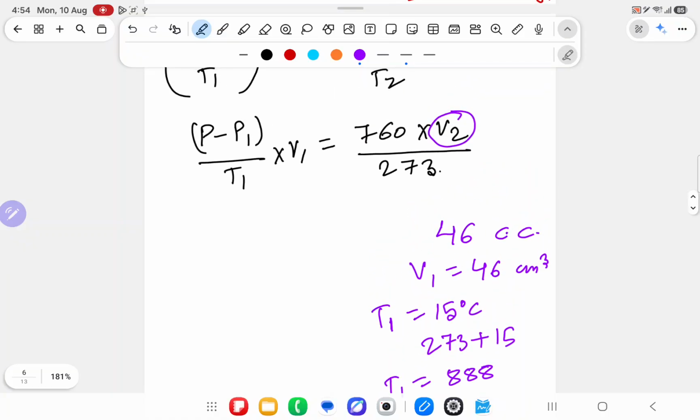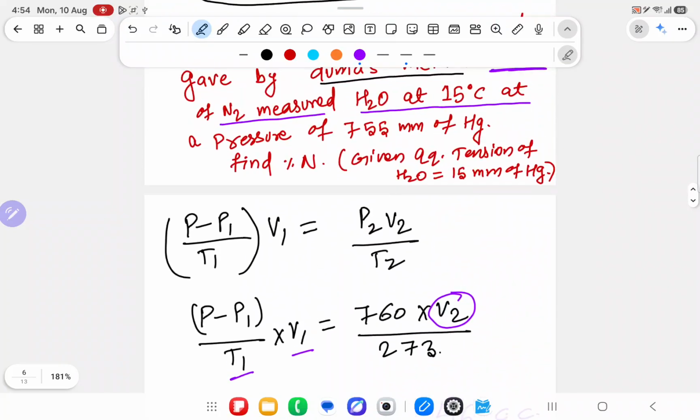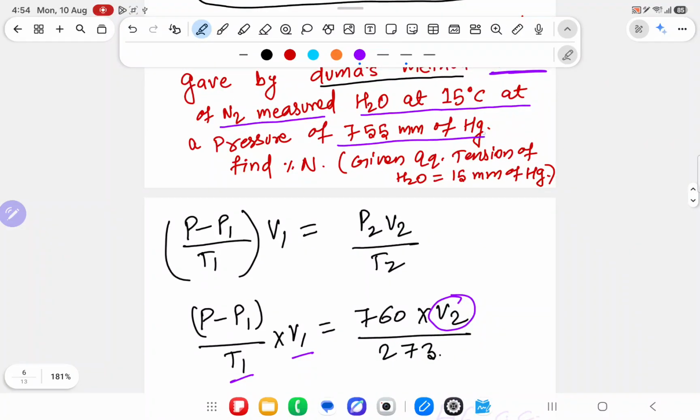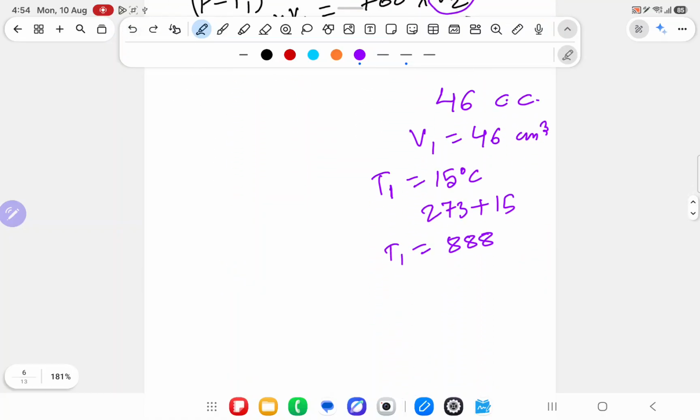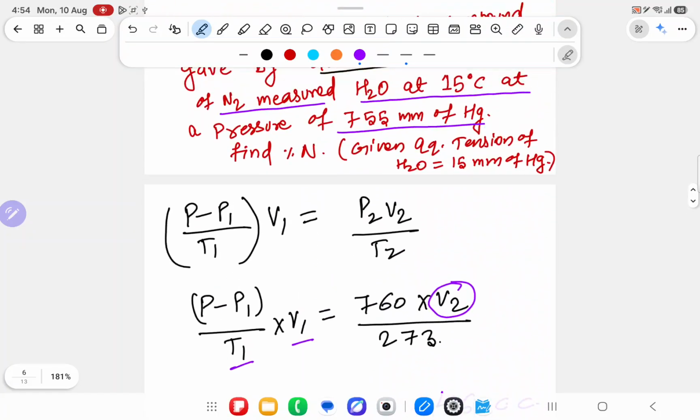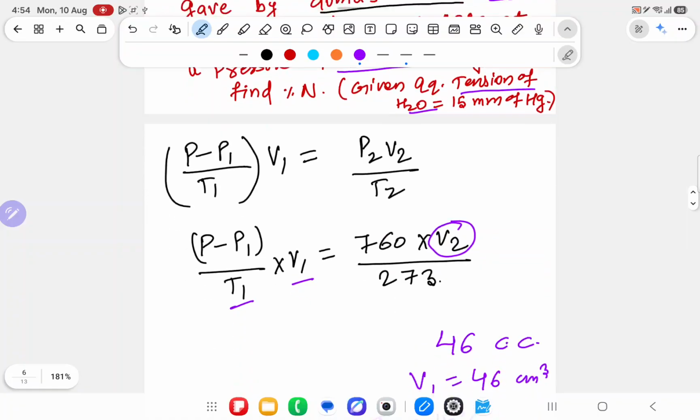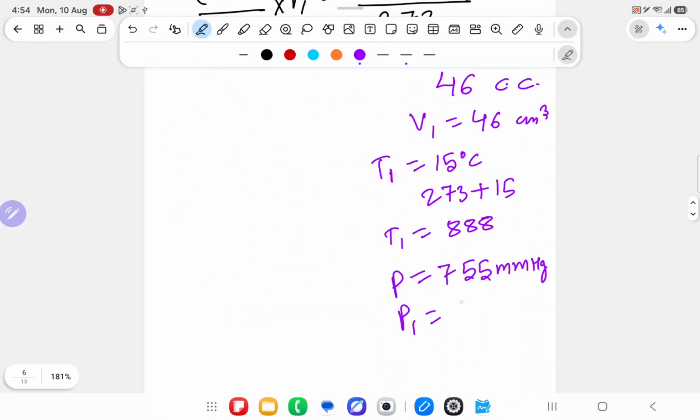Okay, T1 we got, V1 we got. P, pressure is 755. P value is also given. How much? 755 mmHg. Aqueous tension of water is given, P1 value also given, 15 mmHg.